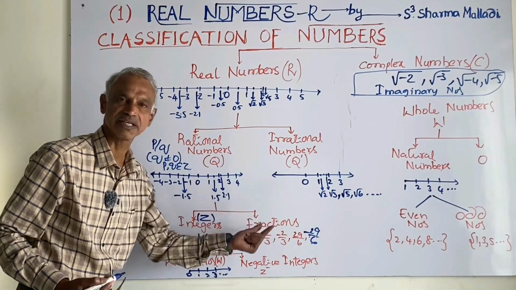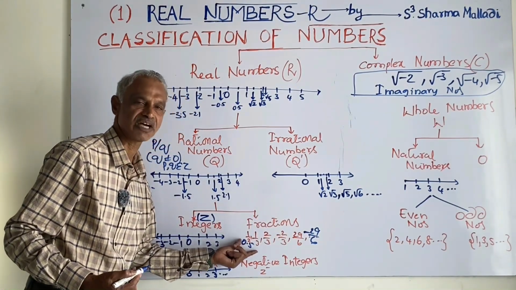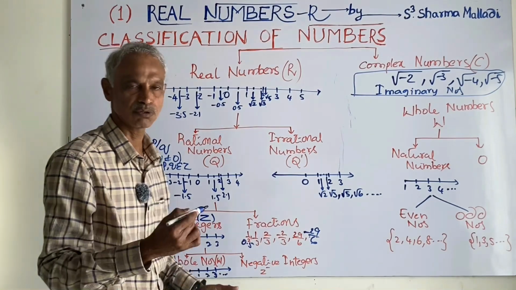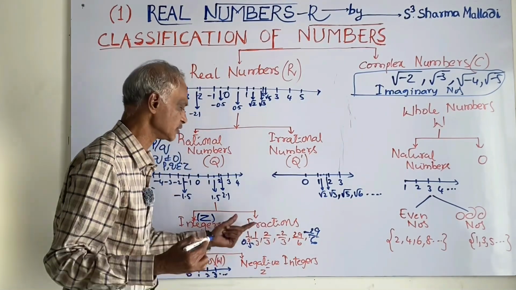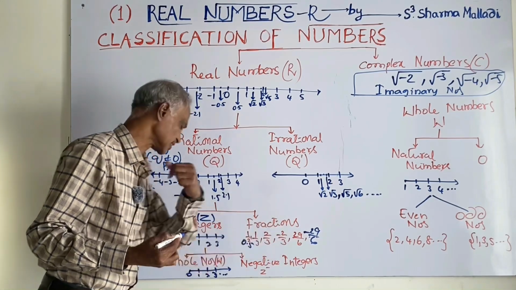You will also get decimal fractions like 0.5, 0.25, 0.001.